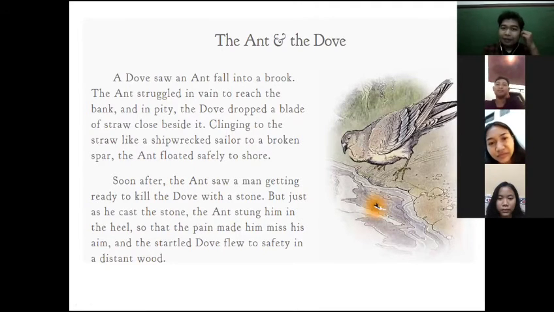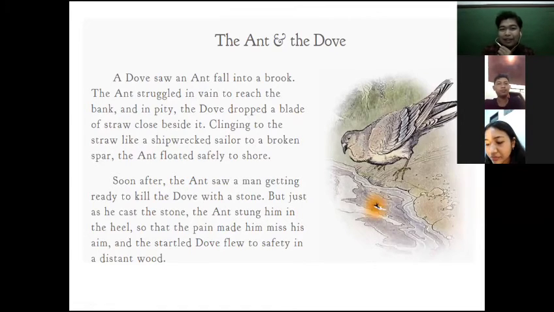All right. I have a task for you, an assignment or a homework. Please find one story of narrative text, which can be a fairy tale, fable, or legend, and then analyze the story with the generic structure.